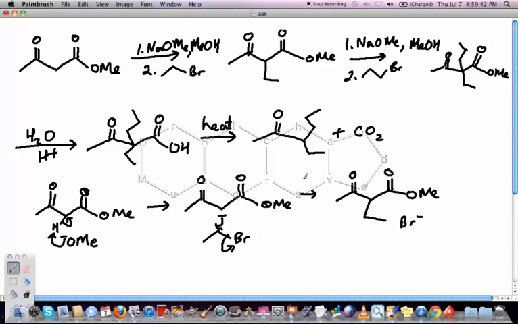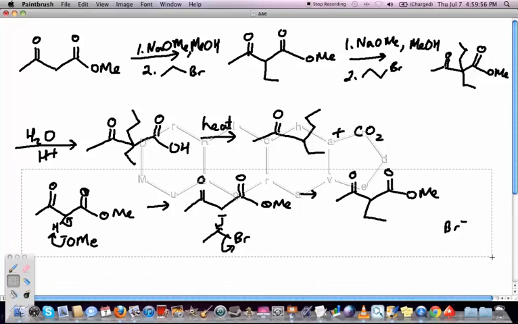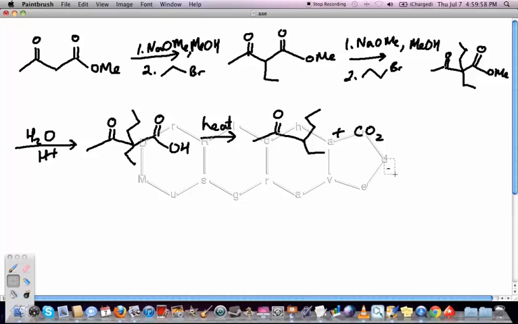Let me move that Br negative. It's not really meant to be so close to that. I'll put it over there. There we go. So we get this product, and you can see that if we repeat the process, we can put another alkyl group on, and that's what we're going to do in the second step here.